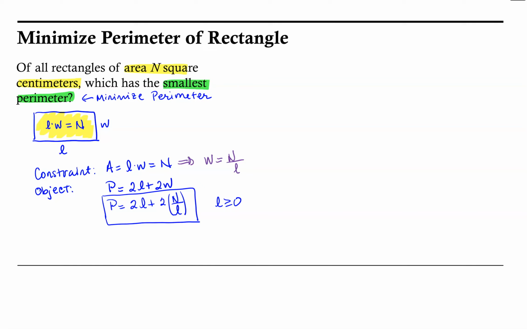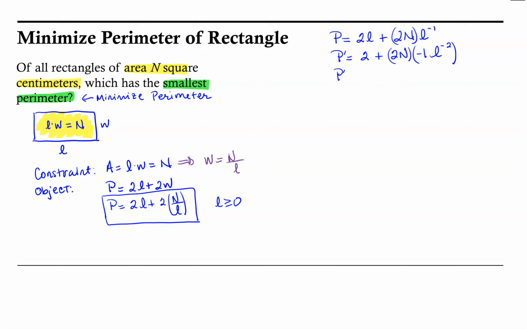So let's rewrite our perimeter function in preparation for finding the derivative: 2L plus 2 times n times L to the negative 1 power. And now we can find our derivative. P prime will be 2 plus 2n times negative 1 L to the negative 2 power.